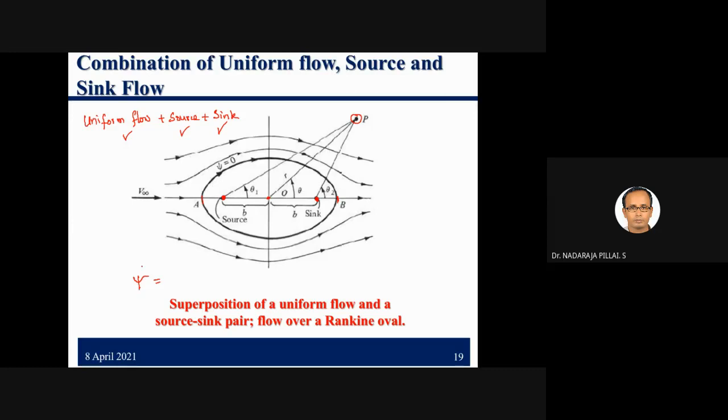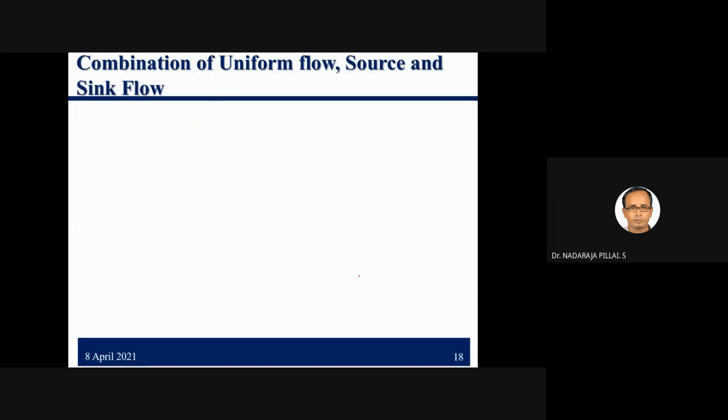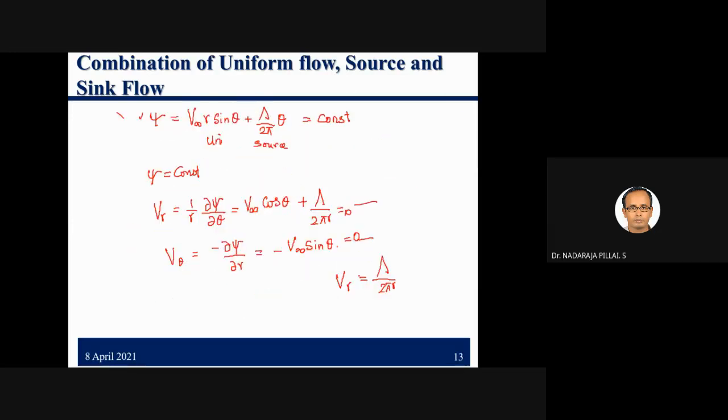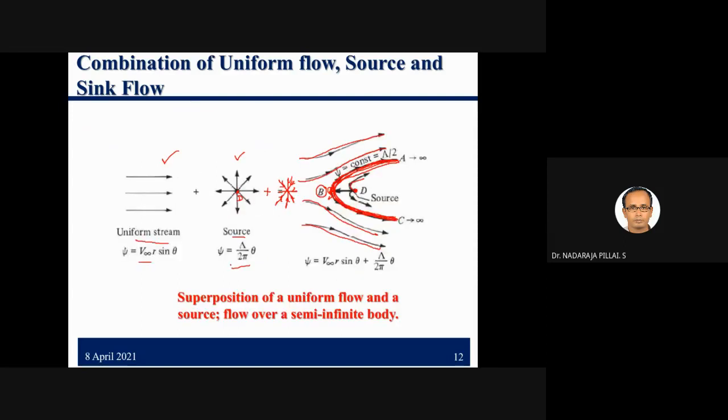You know already, I have considered the case where you have a uniform flow here, and for the uniform flow your stream function is V infinity r sine theta, and the source flow the stream function is lambda by 2 pi theta, and I have written the combination is V infinity r sine theta plus lambda by 2 pi theta.